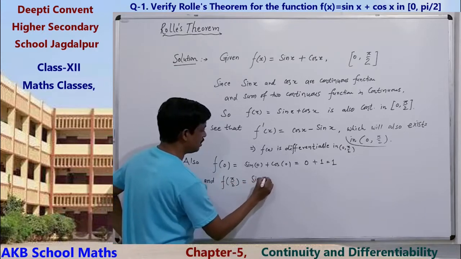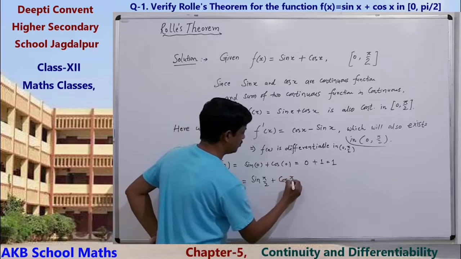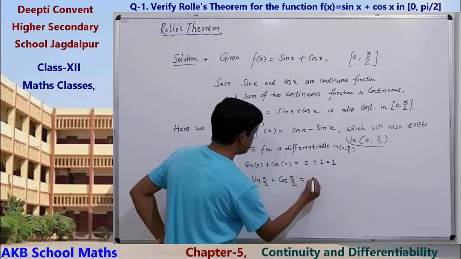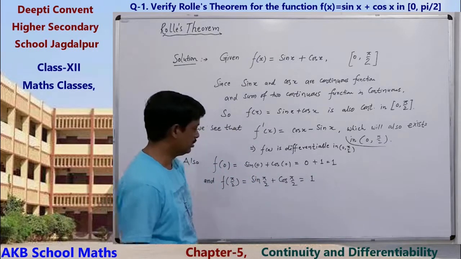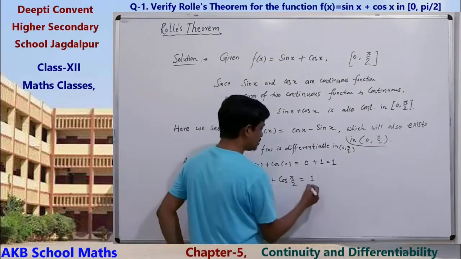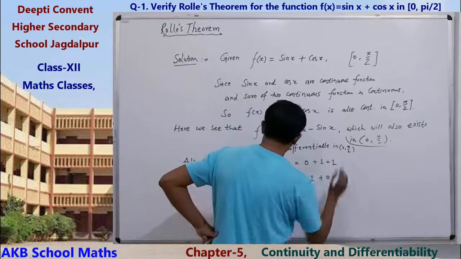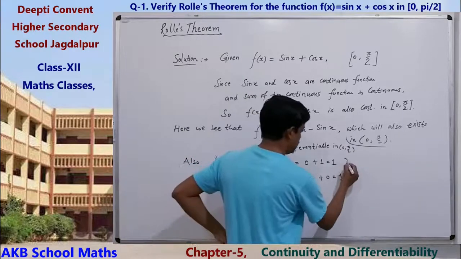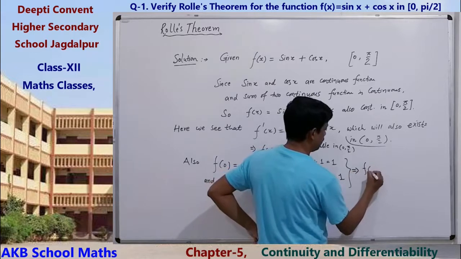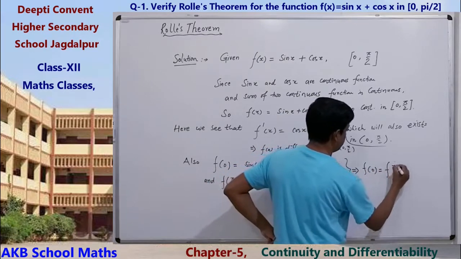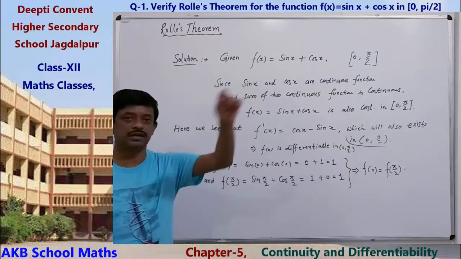Sin 90 is 1 and cos 90 is 0, so this is equal to 1. Both exist. This implies f(0) equals f(pi by 2). So this is the third condition.